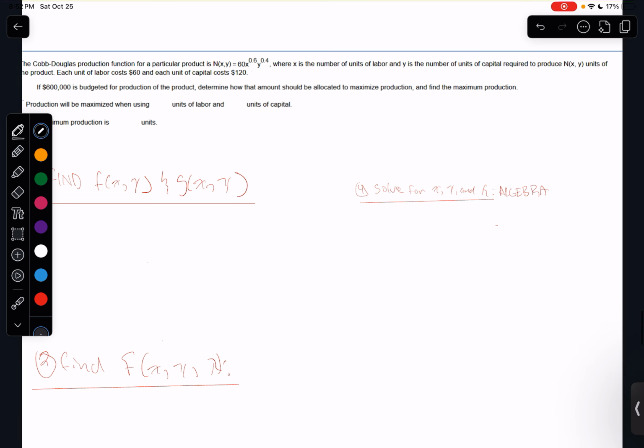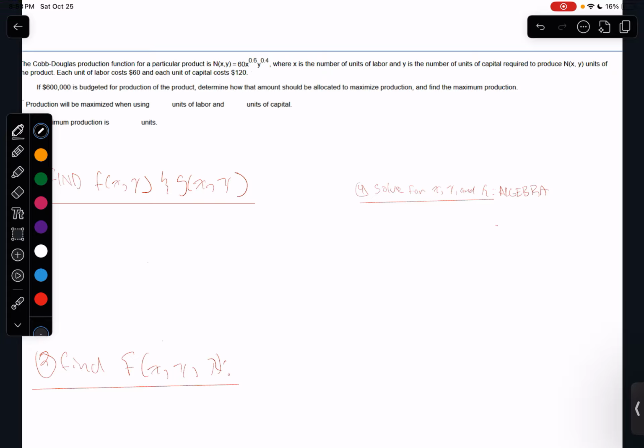The Cobb-Douglas production function for a particular product is N(x,y), which equals 60x to the power of 0.6, y to the power of 0.4, where x is the number of units of labor and y is the number of units of capital required to produce N(x,y) units of the product.